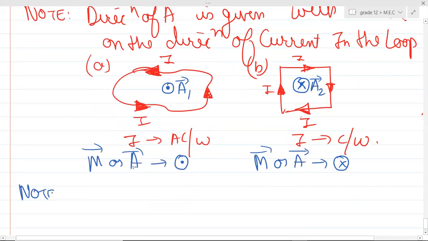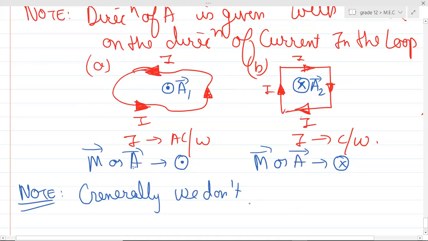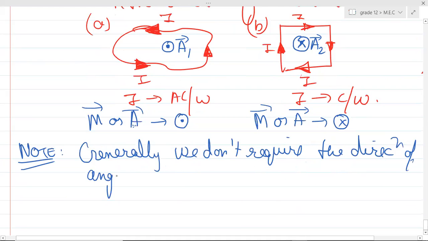Note, one more note. Generally, we don't require the direction of angular quantities.